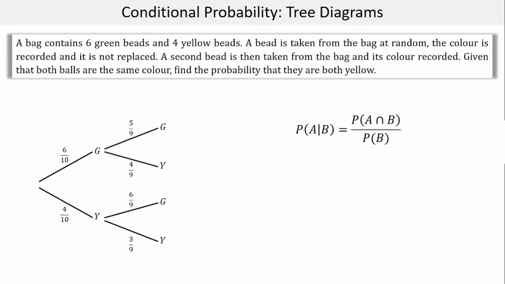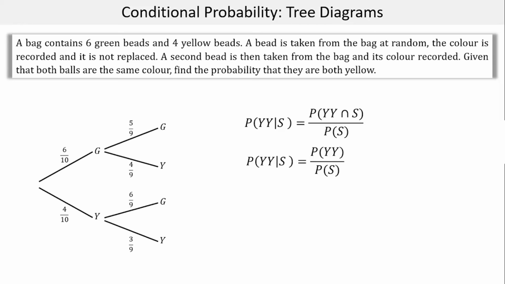So the probability of YY given S equals the probability of YY intersection S over the probability of S. Well, the probability of YY intersection S, the probability that they're both yellow and they're both the same color, it's a bit redundant to say the same color if I know that they were both yellow. So I'm just going to rewrite this as the probability of yellow yellow in the numerator.